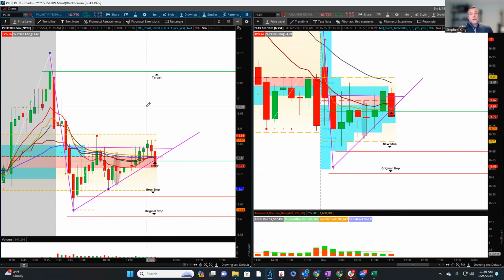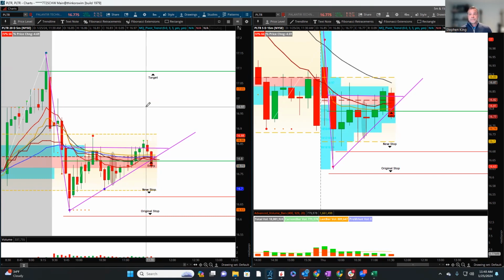But I'm also not going to panic exit this trade just because price is going against me right now. Right? That's the key also, is controlling emotion. Yes, price is going against me right now, but that's okay because I've already mitigated risk. When I took the trade, I accepted the risk.